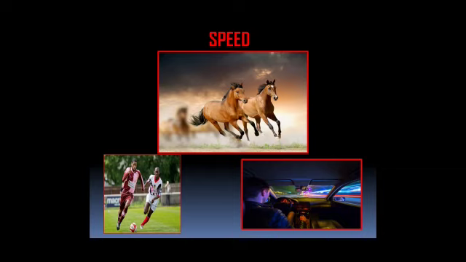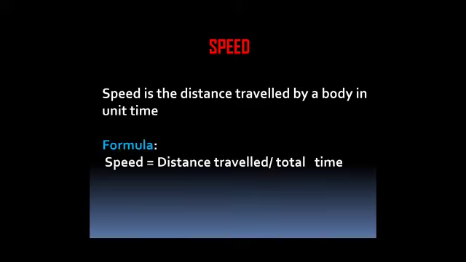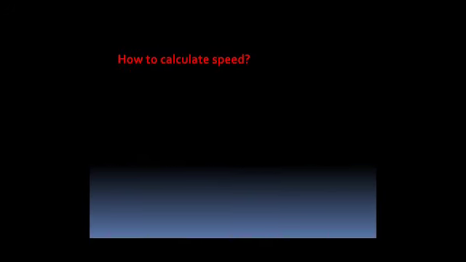You like to travel in a car which travels fast. So speed is defined as the distance travelled by a body in unit time. And the formula is speed is equal to distance travelled upon total time taken.